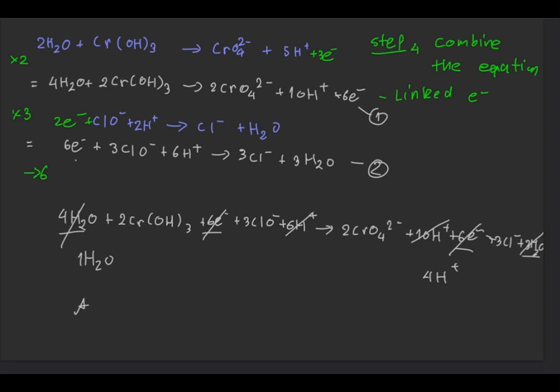Therefore, the final answer includes just water like this: 2 chromium hydroxide plus 3 hypochlorite is equal to 2 chromate ion plus 4 protons plus 3 chloride. Finish. Thank you for watching.